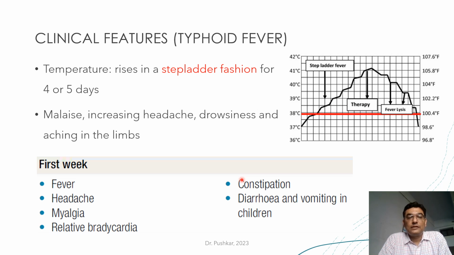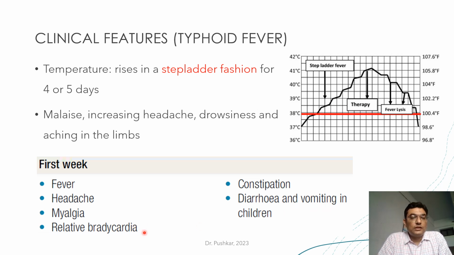In the initial phase, the constipation is because of swelling of the lymphoid tissues at the ileocecal junction, where there are Peyer's patches and other lymphoid tissues. This causes a blockage at the ileocecal junction, which causes the constipation. However, in children, diarrhea and vomiting are more common in the early phase.